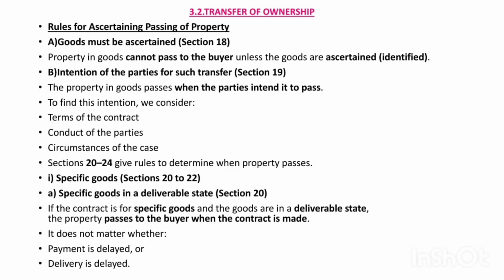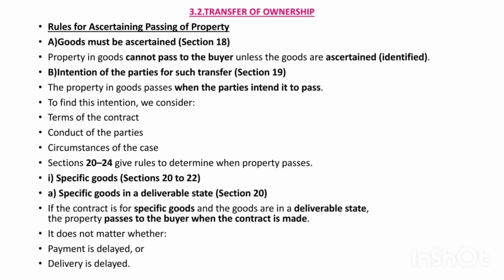If the contract is for specific goods and the goods are in a deliverable state, the property passes to the buyer when the contract is made. Deliverable state means the seller has done everything needed and the buyer can take the goods immediately without the seller doing anything more. It does not matter whether payment is delayed or delivery is delayed.